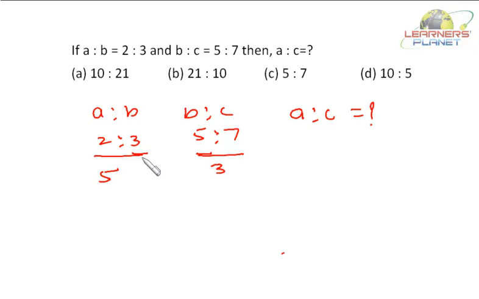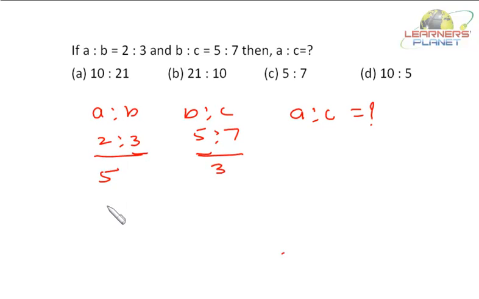Friends, we have already discussed in theory that if a ratio is multiplied by a positive number, that means if both numerator and denominator are multiplied by a positive number, the value of the ratio is not changed. Okay, so we can multiply this particular ratio by 5.